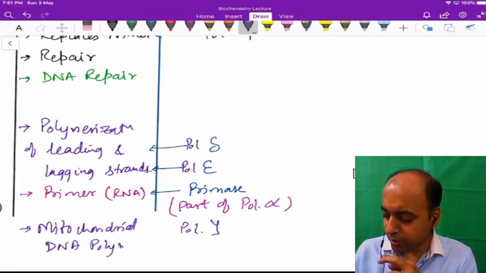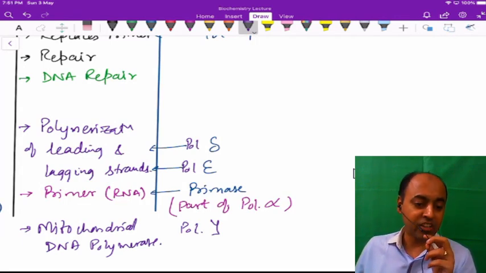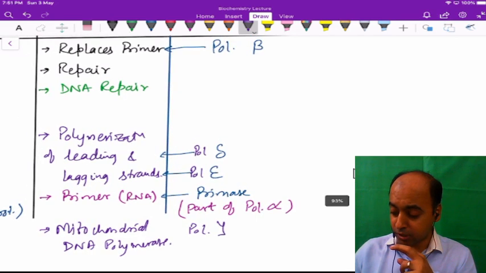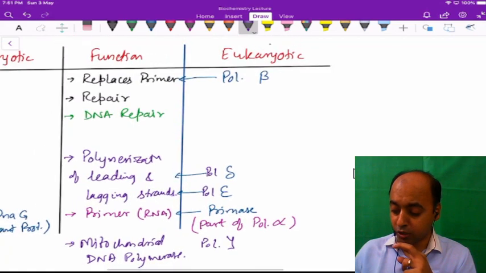Please note, obviously the mitochondrial DNA polymerase is not required in the prokaryotes because it doesn't have the mitochondria, whereas it is required in the eukaryotes. So we have the additional polymerase gamma in the eukaryotic cell.